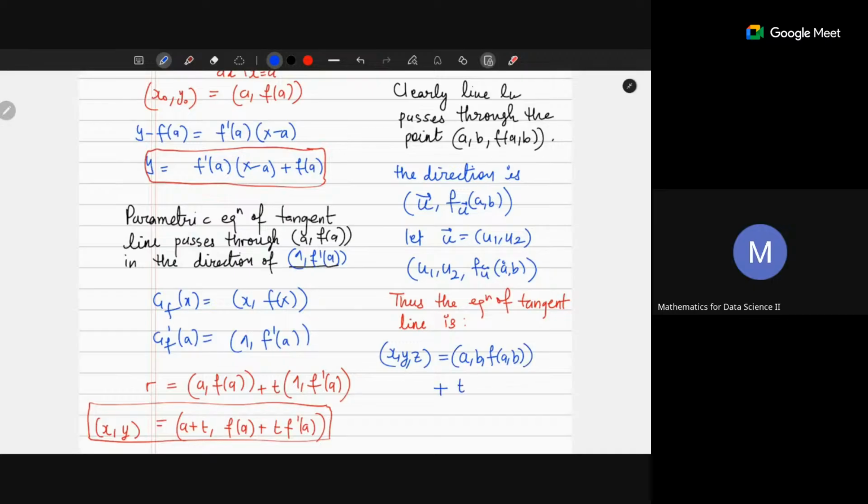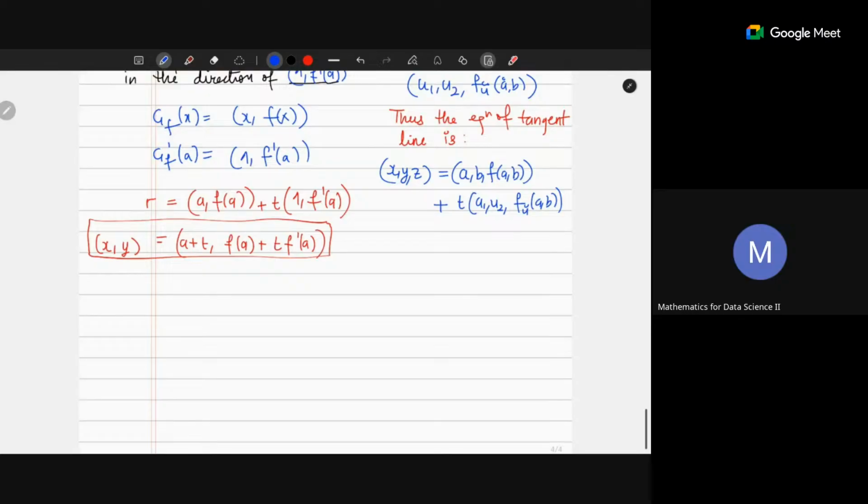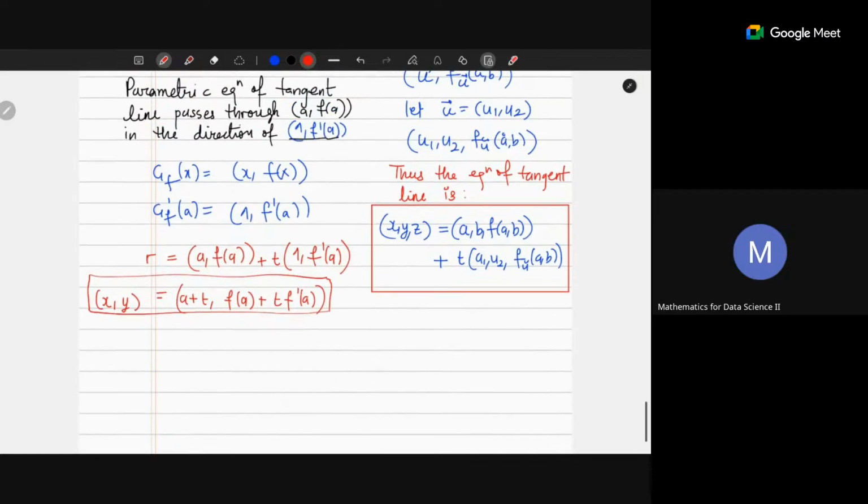So it is similar to the one that we had in the case of two variables. This will be the function of the line.